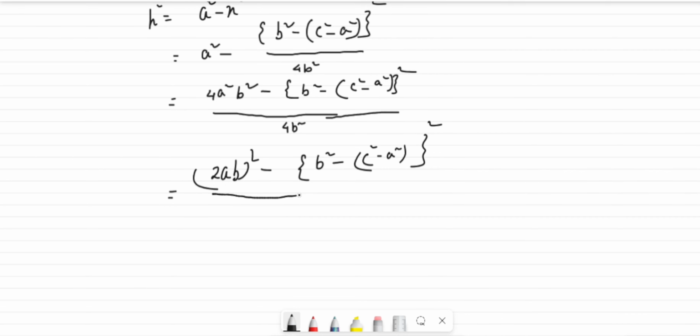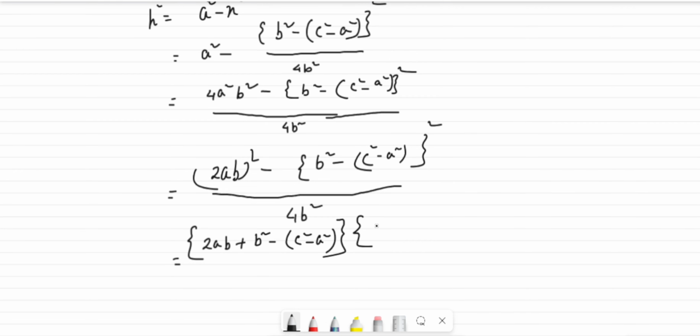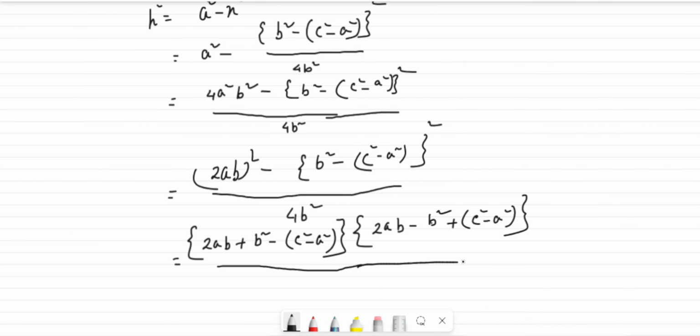So what we can write, it is nothing but the formula of a square minus b square, that is 2ab plus b square minus c square minus a square into 2ab minus b square plus c square minus a square, right? By 4b square.